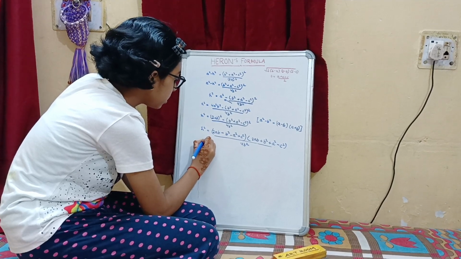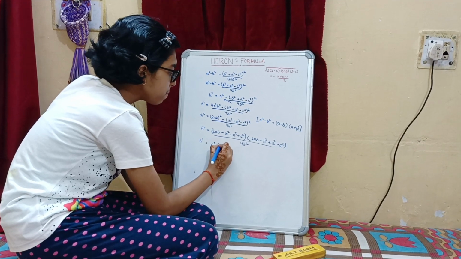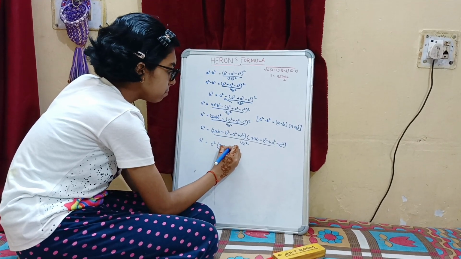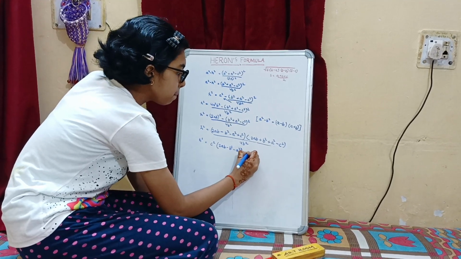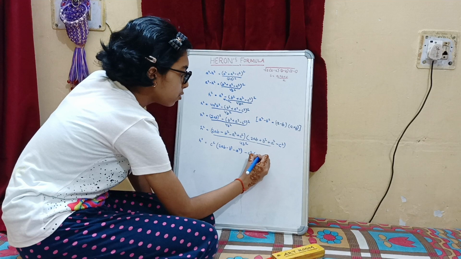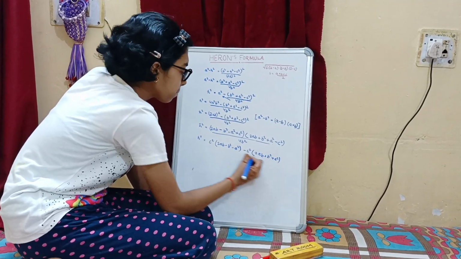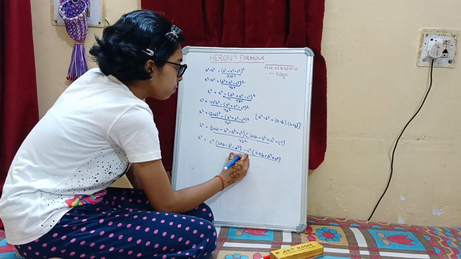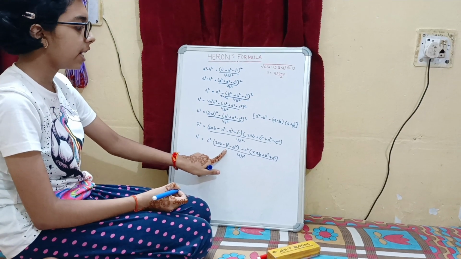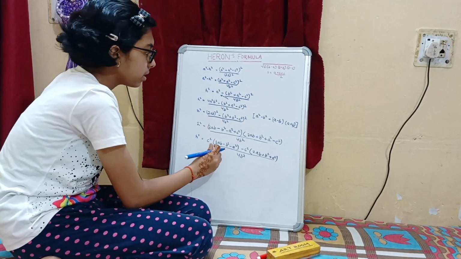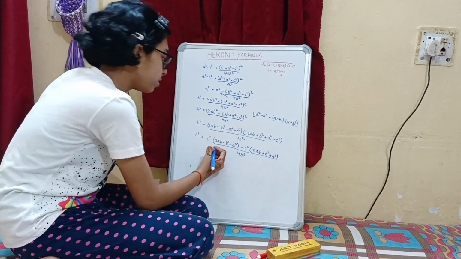So we will make it h square is equal to c square [2ab minus b square minus a square]. Here we will take minus c square [2ab plus b square plus a square], whole divided by 4b square. Now here you can see it is making an identity, a square minus b square, and it is a square plus b square.